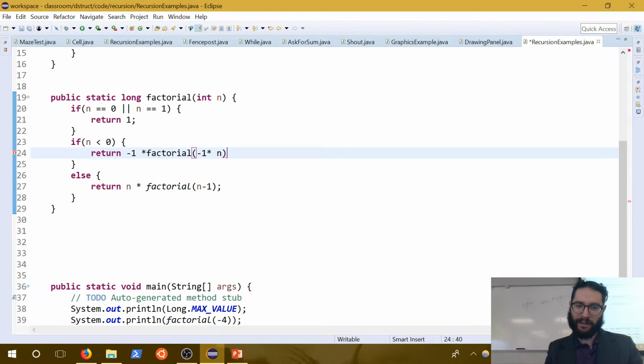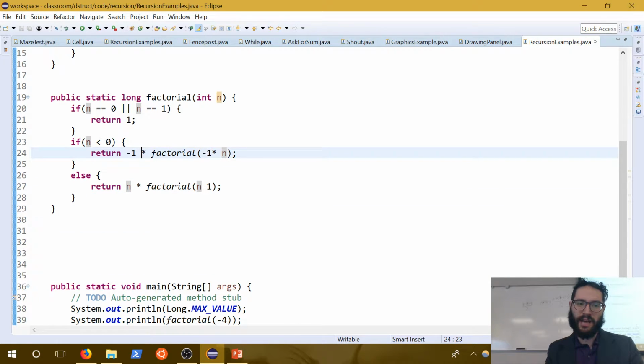And this isn't the correct mathematical definition, but it solves the problem. So here what I'm saying is that if you give me -5, I'm going to turn that into +5 and solve the factorial of +5, and then multiply that by -1. So I'm going to give you the negative of what that is.